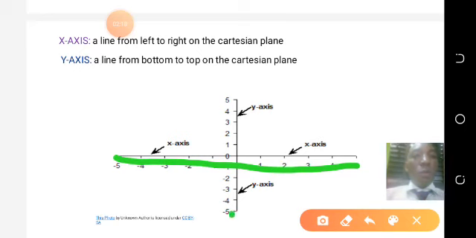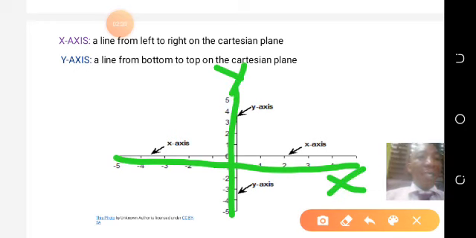That is what we call the y-axis. So this is the y-axis and this is the x-axis.